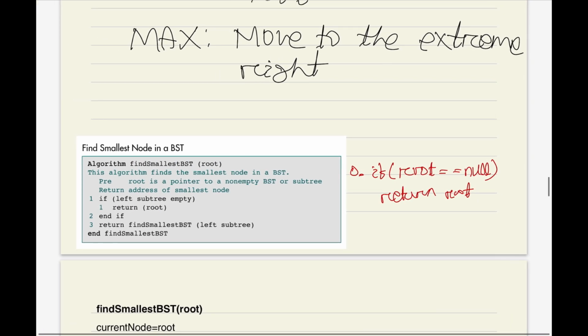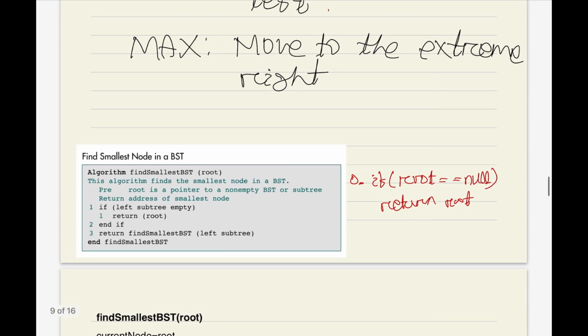This step 0 is not there because it assumes that root is a pointer or reference to a non-empty BST. If we consider that root may be null or empty, then you can add this step 0 to this algorithm. Otherwise, if you are comfortable with this, then you can write this one. It is given in a textbook by Forouzan, so from there I have copied.